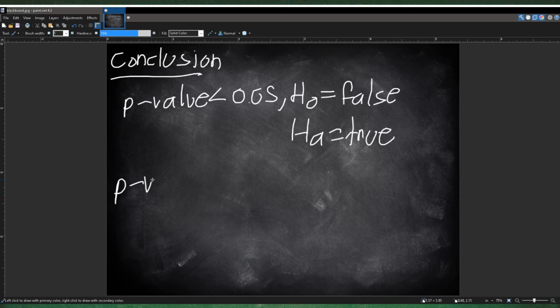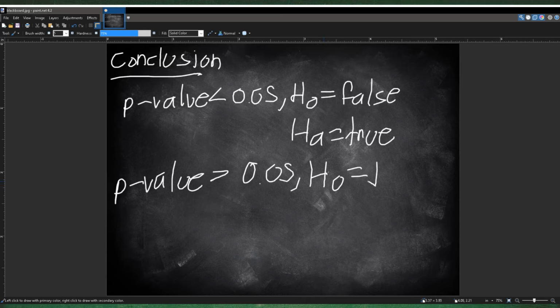And if your p-value is greater than 0.05, your null hypothesis is true, and you say your alternative hypothesis is false, basically. But you have to write this in context, and you basically write it in these words.